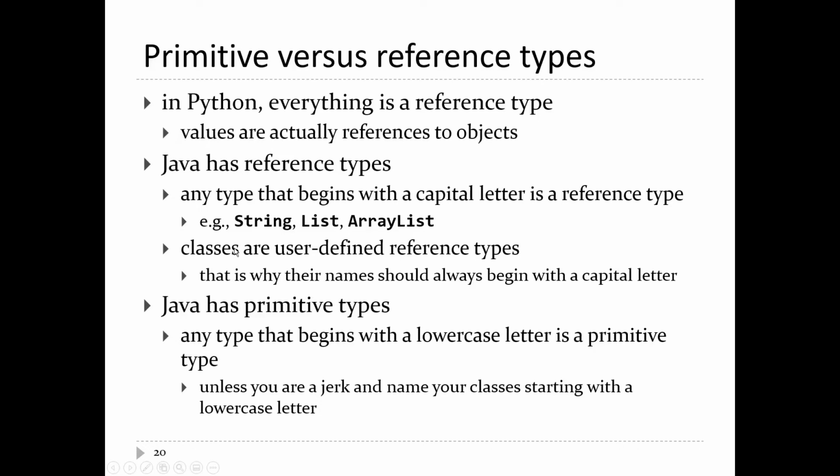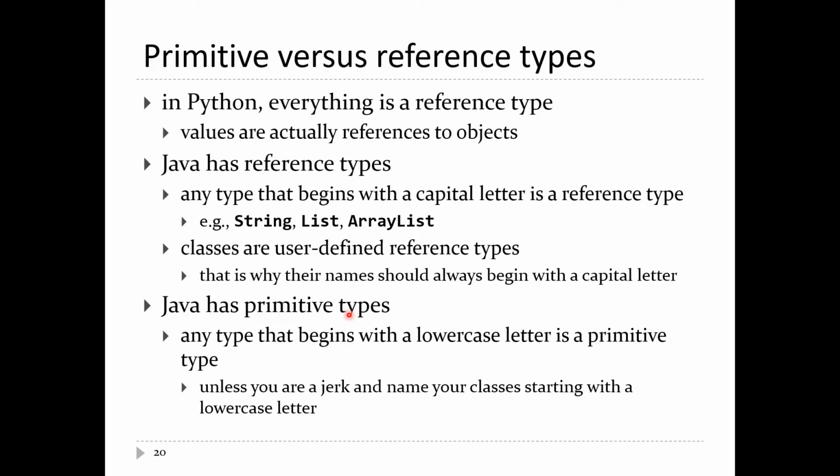Well, it turns out that classes are user-defined reference types. So our hello world program actually defines a type called big H HelloWorld. So in principle it's possible to create a HelloWorld object. And that's why Java programmers use the convention that class names should always begin with a capital letter, so that it looks like a reference type.